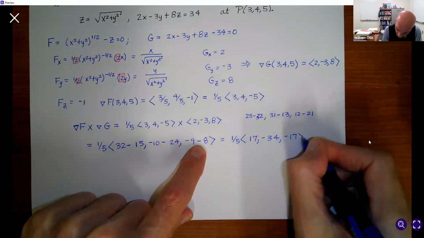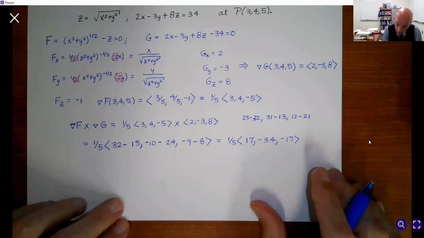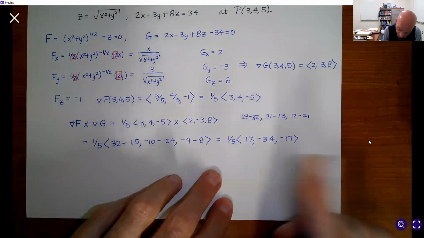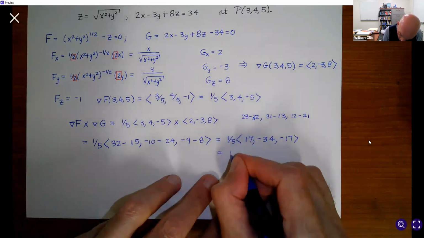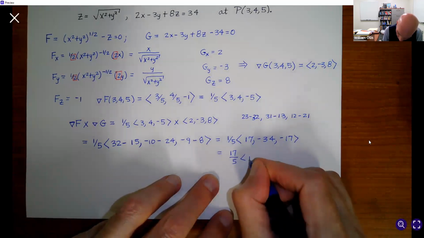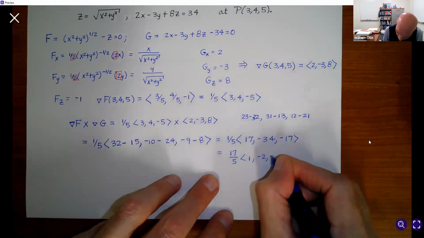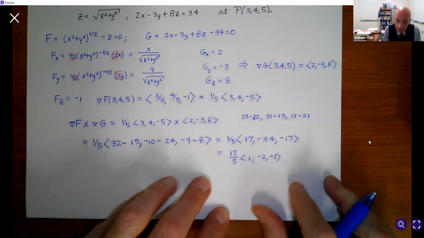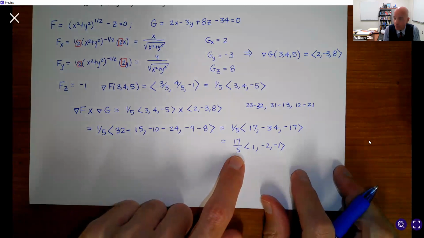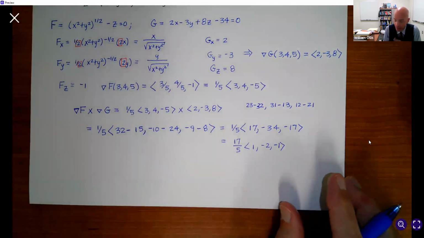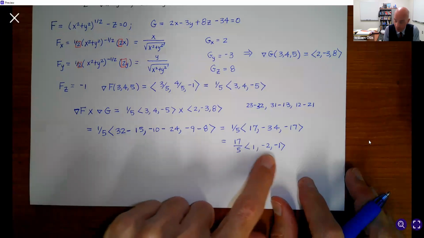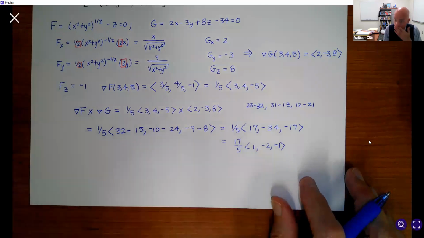So this is what I was talking about before. We can now refine this by just extracting the 17. So we have 17 over 5, 1, -2, and a -1. So at this point, the scalar factor, there's no problem with it, but it's basically in the way, and it's not going to take any information away from this particular vector in terms of direction.